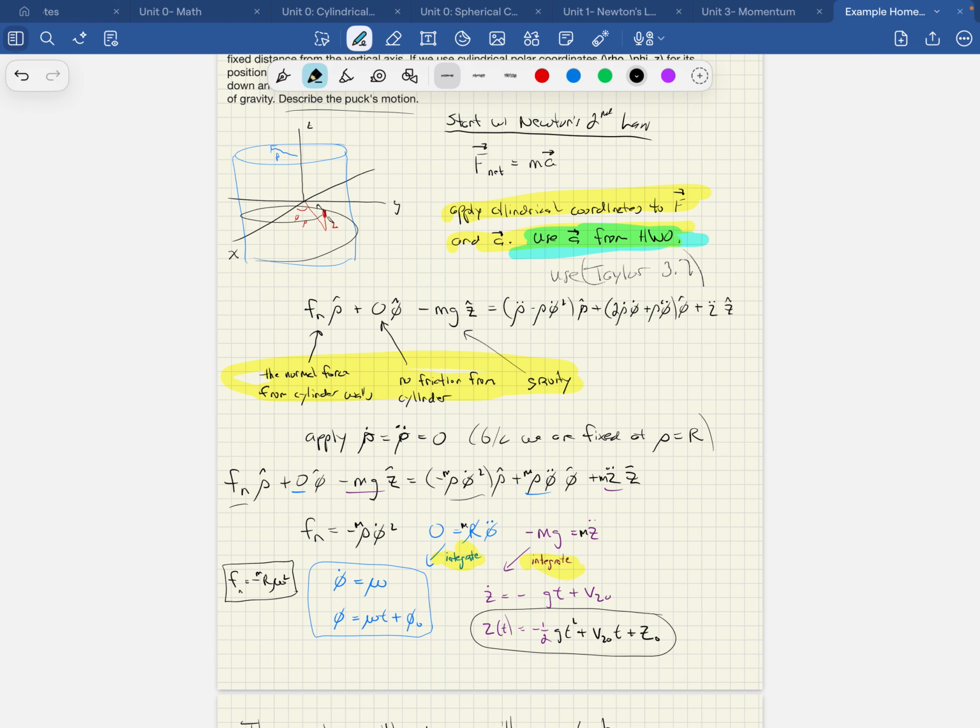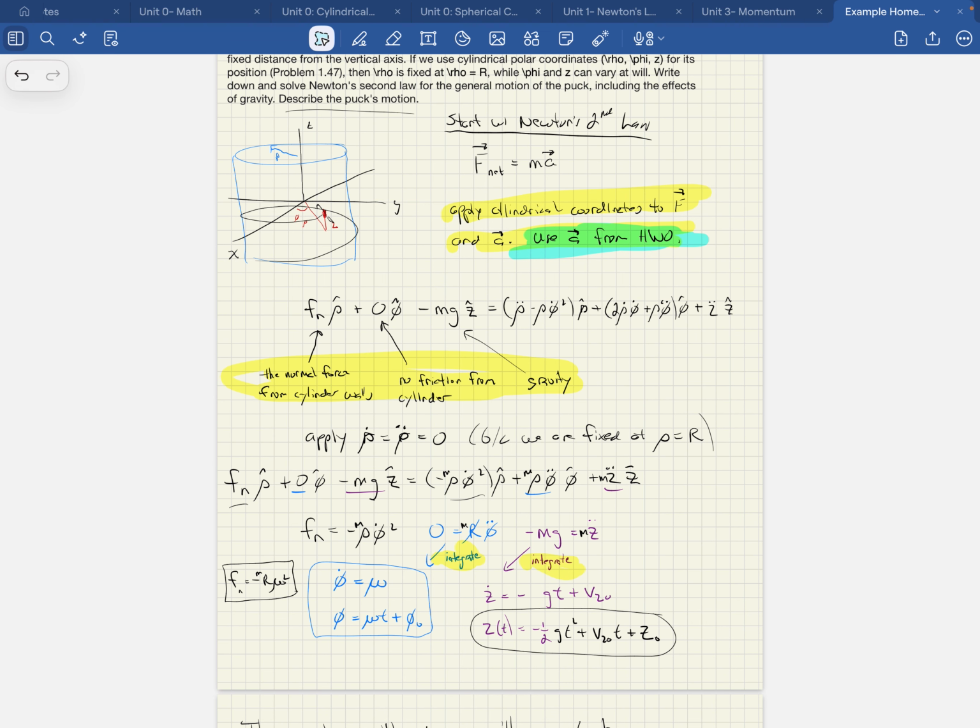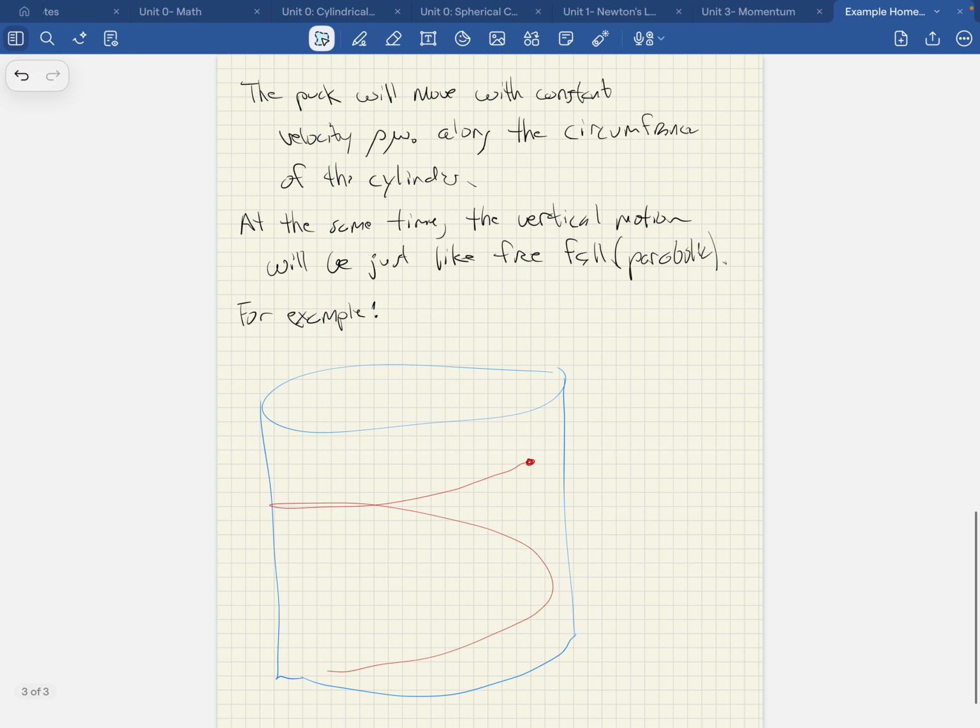Okay, but also explain what Taylor 3.7 is for, the acceleration in cylindrical coordinates, or the equation for a rocket with gravity, or whatever that equation is used for. So you need to tell me where the equation came from, but you also need to tell me when the equation is valid, what it's used for. Okay. Hope this helps.